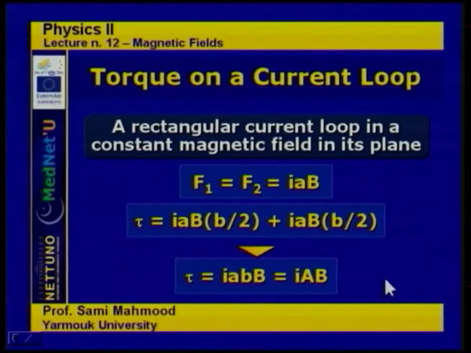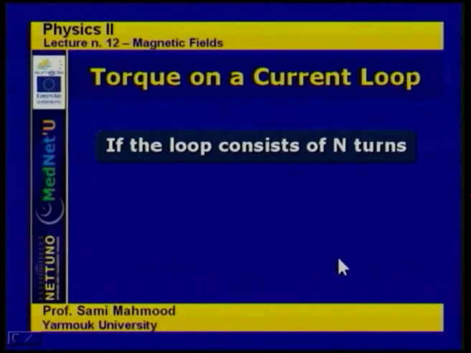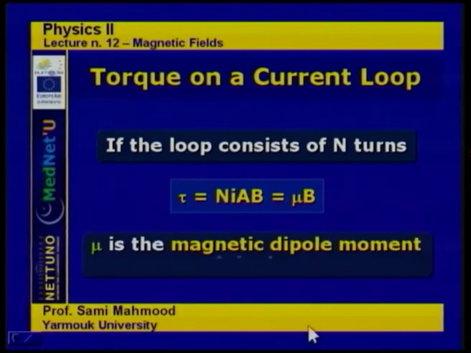That gives a total torque of I times a times b times the magnetic induction, which is the current times the area of the loop times the magnetic induction. If the loop consists of N turns, then the total torque is N times this quantity, N I times the area of the loop times the magnetic induction, which is simply mu times the magnetic induction, where mu is the magnetic dipole moment of the loop.